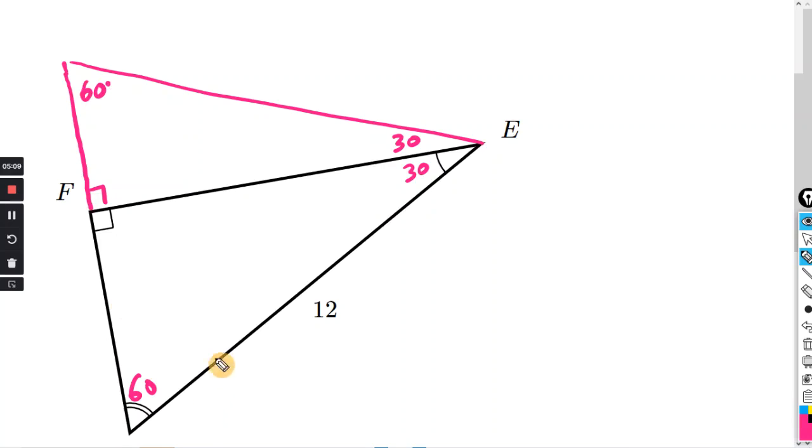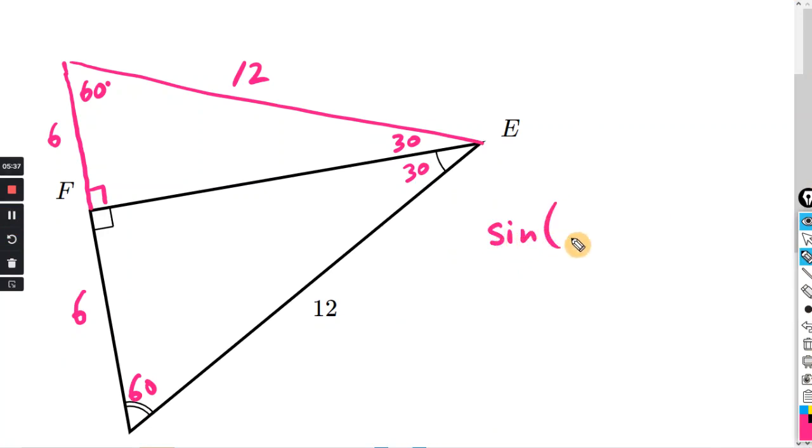Now we can label the side lengths. If you look at the big overall triangle, we have 60, 60, and 60, so all these sides are congruent. If this is 12, this is also 12. This is 12 right here. Divided by 2, this is going to be 6 and 6. They asked us for the sine of pi over 6, but we converted that, so that's just the sine of 30 degrees.